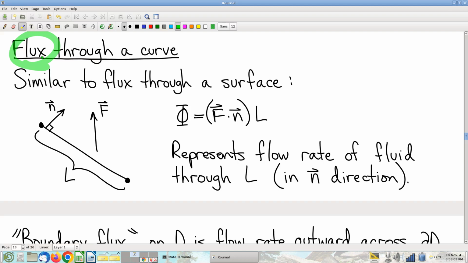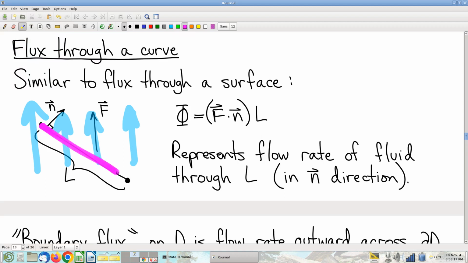Well, if you have a 3-dimensional fluid, you can talk about how much flows through a surface. Likewise, though, if you have a 2-dimensional fluid, you can talk about how much of that 2-dimensional fluid is flowing through a curve. So flux through a curve, that same idea, right? You can do a calculation analogous to what we did in chapter 3 if you're curious.